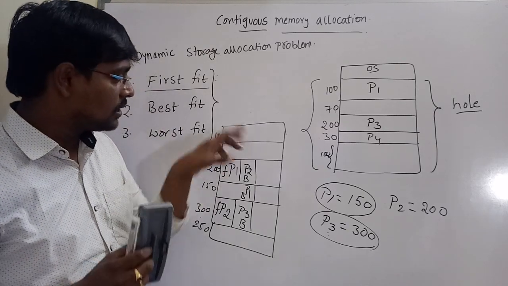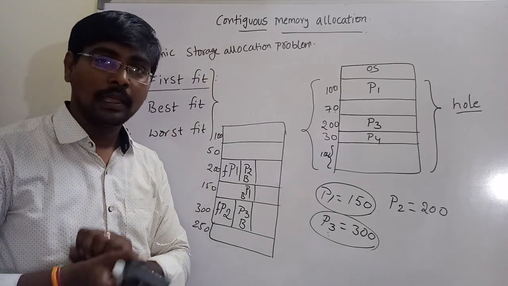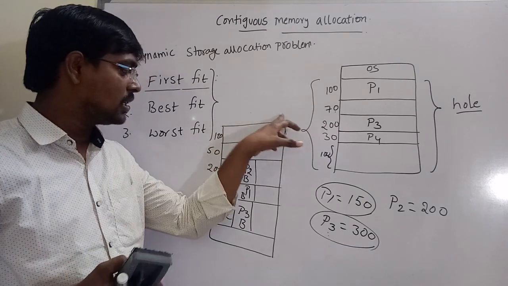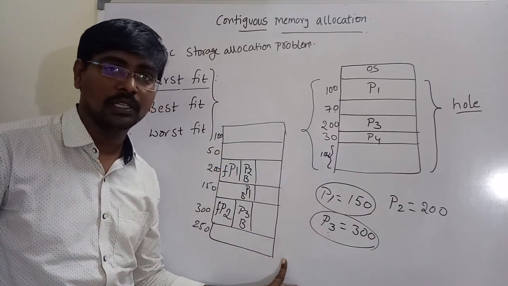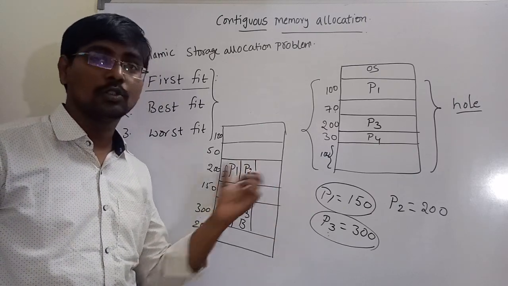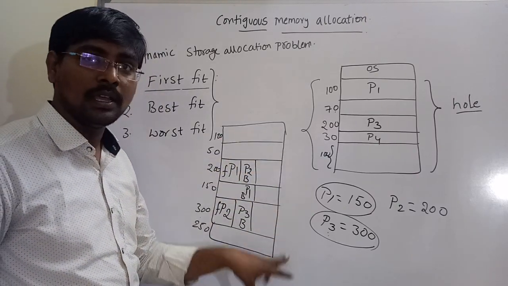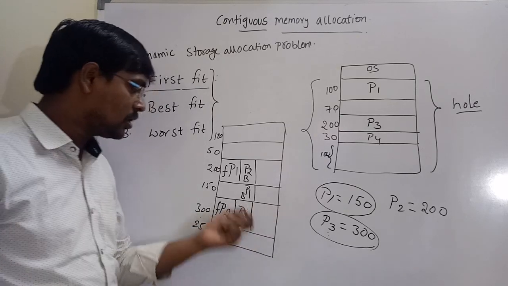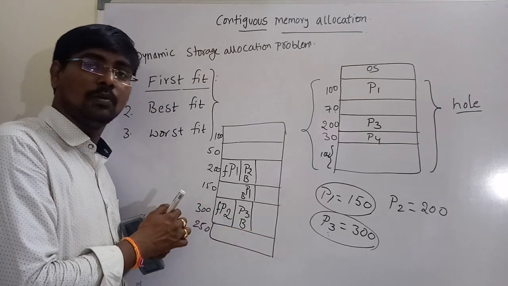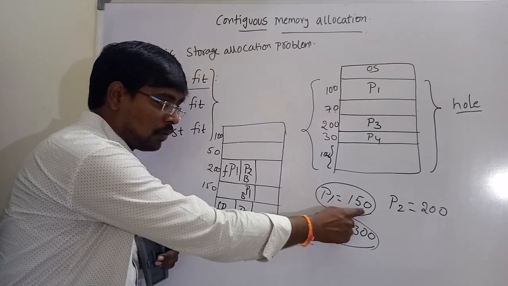Worst fit is similar to best fit, but exactly the reverse. In best fit, we search the entire free memory locations and the best suitable is allocated. In worst fit, we search the entire location and take the least suitable, that is the worst suitable location. For example, 150.